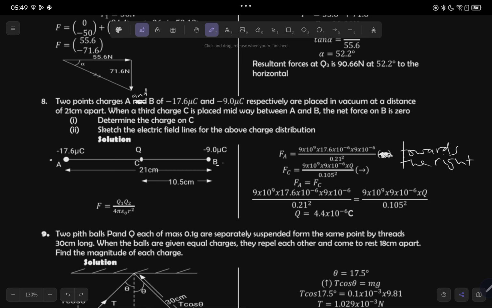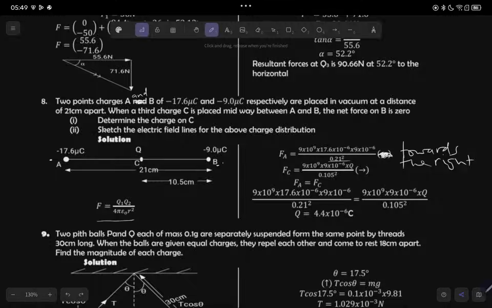So we work it out using Coulomb's law. That force is there. We haven't got the exact numerical value because we are still using it in the calculation.